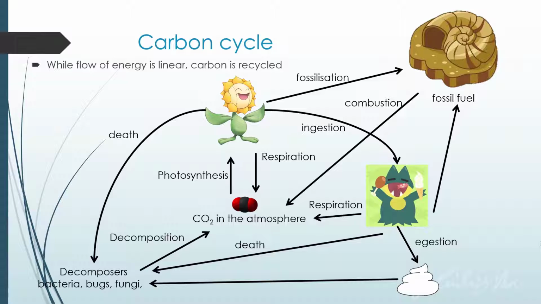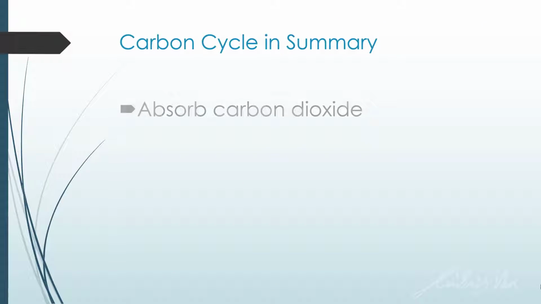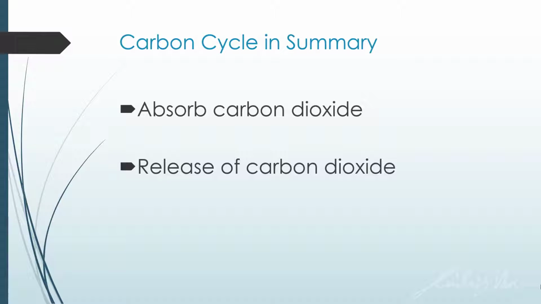So you can see there are a few ways in which carbon dioxide can be added into the atmosphere, be it respiration, combustion, or decomposition. But there's only one way for carbon dioxide to be absorbed from the atmosphere. So a simple summary of the carbon cycle is this.